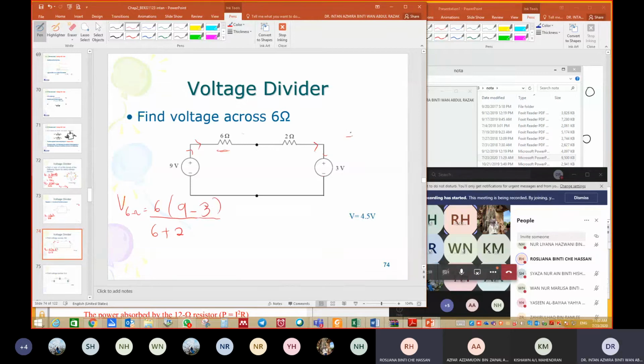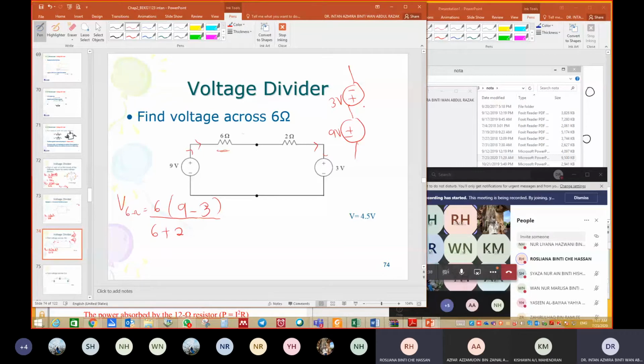If we redraw, this is 9, and we reach positive first and then negative. So this sign is not the same as this sign. This is negative, positive, positive, negative.